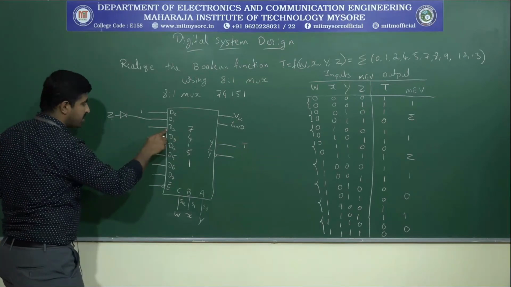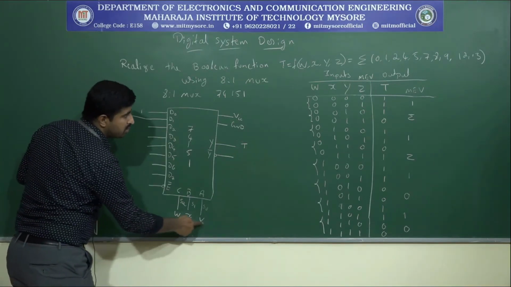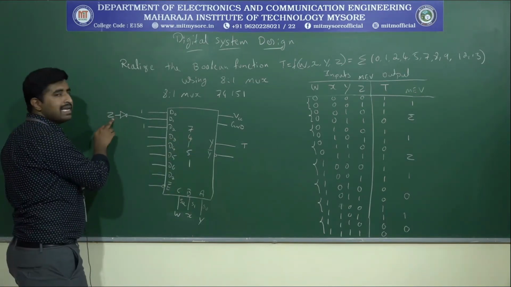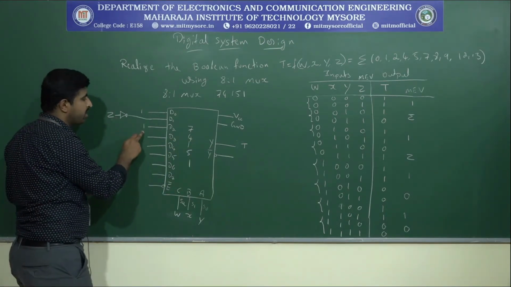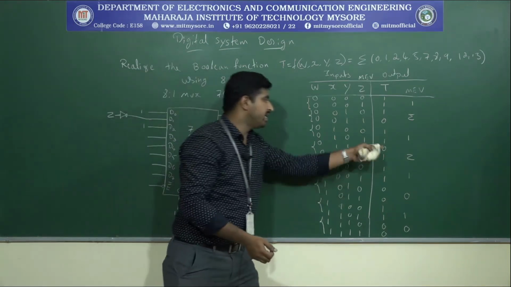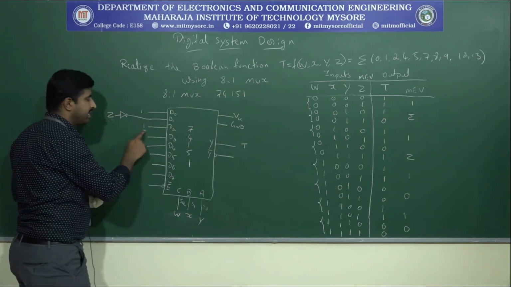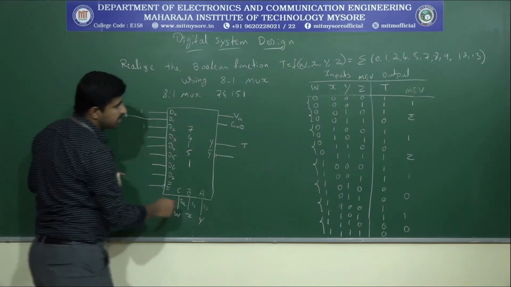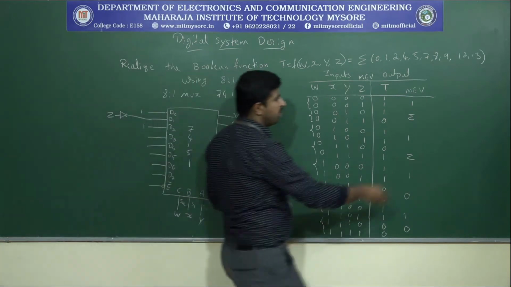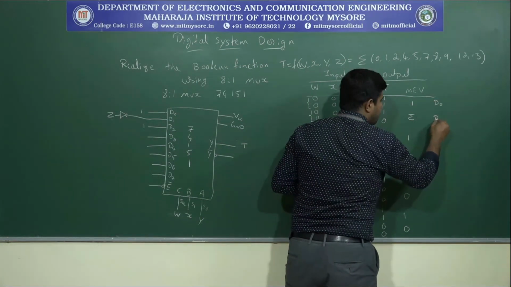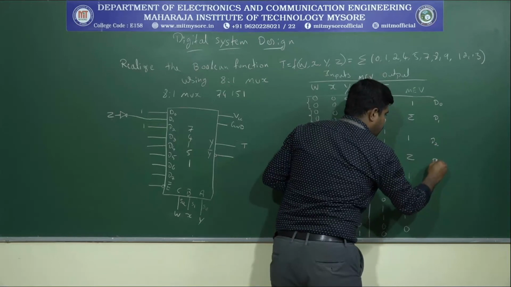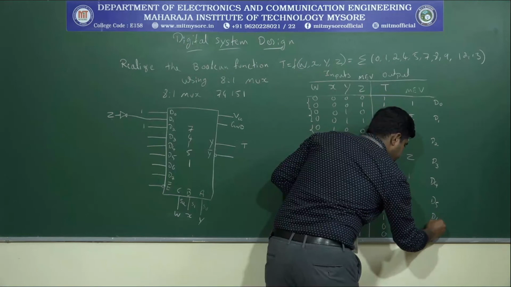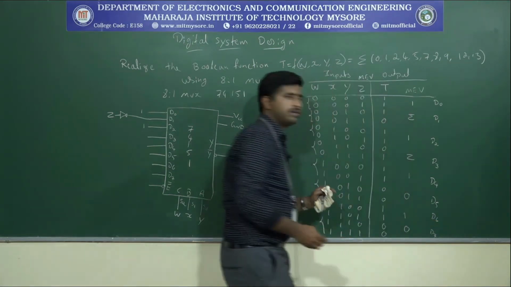Next, for the select lines 0 1 0, the output will be 1. Whatever the Z combination, the output will always be 1. So that is why we directly connect the logic 1 to D2. Next D3, and this corresponds to D0, D1, D2, D3, D4, D5, D6 and D7.